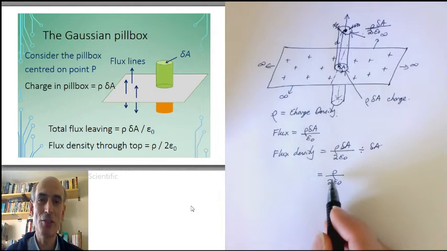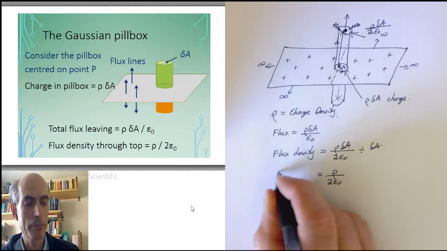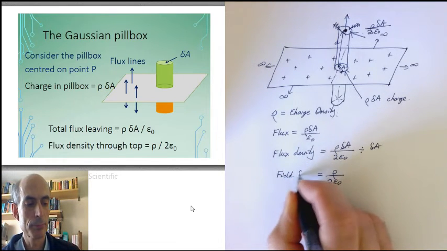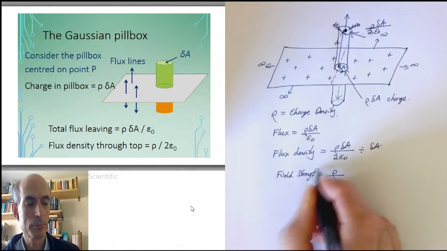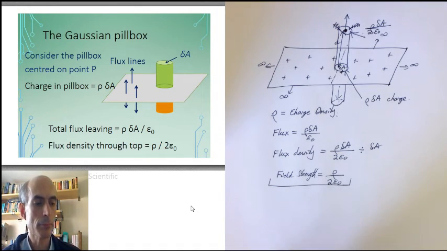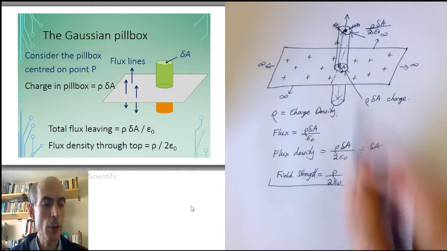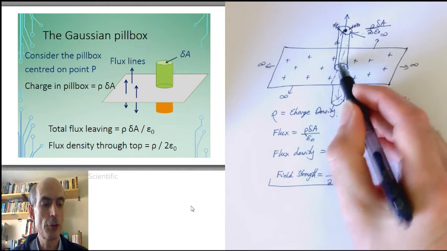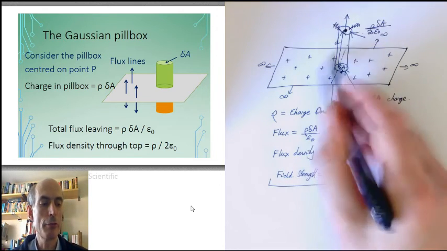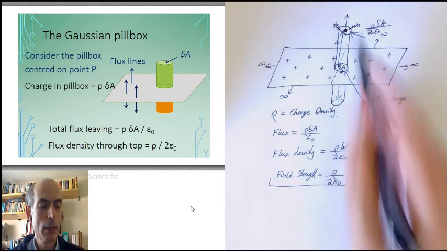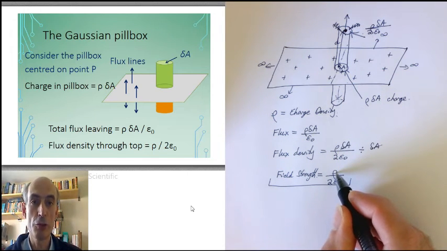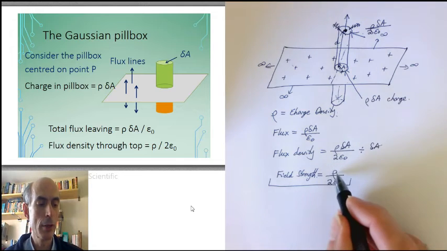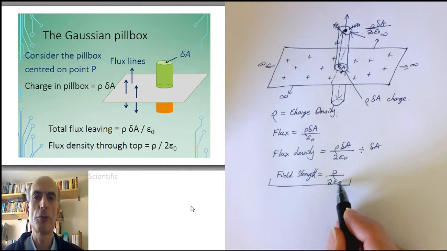But the flux density is equal to the field strength. So, we have now worked out what the field strength is at distance d above this infinite plate of charge. It's rho, where rho is the charge density of the plate, divided by 2 epsilon naught.